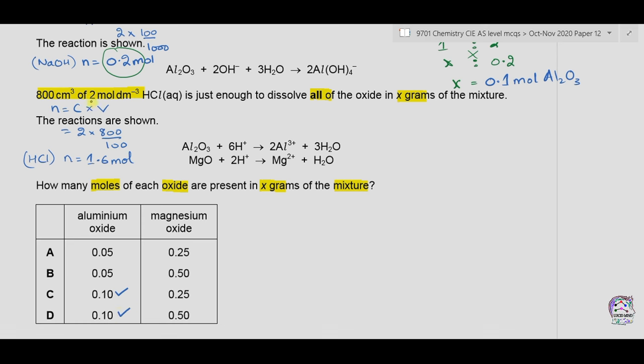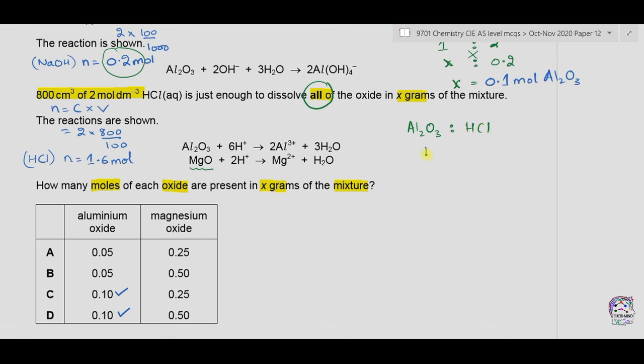Now moving towards the second part, we have HCl, which dissolves all of the oxide, whether it is aluminum oxide or magnesium oxide, in X grams of the mixture. Now let's find the number of moles of magnesium oxide that will be present in the mixture. According to the balanced equation, 1 mole of aluminum oxide is dissolved by 6 moles of HCl. So we can write the ratio between aluminum oxide and HCl.